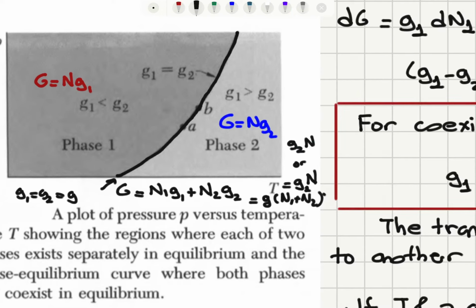So on this curve you have N times G1 equals N times G2, and that is the total Gibbs free energy on this curve of coexistence.